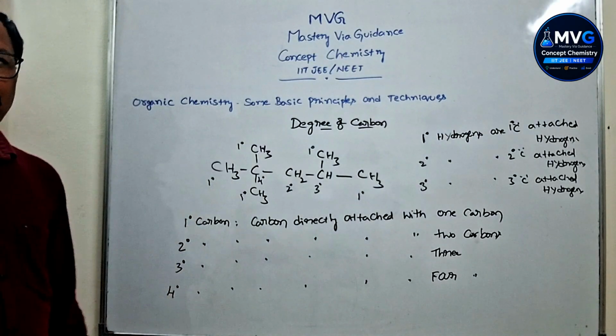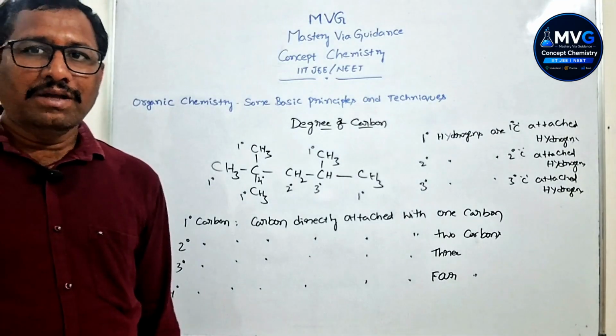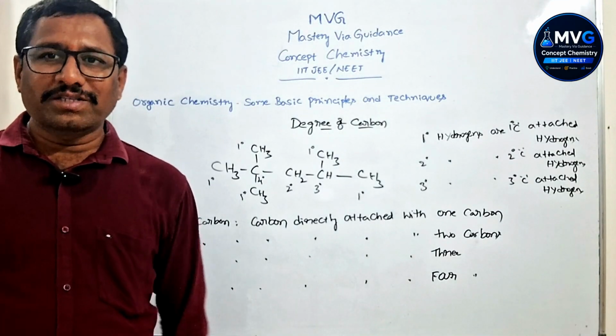Quaternary carbon doesn't have any hydrogen, students, so there are no quaternary hydrogens. Like this, we can identify the primary, secondary and tertiary carbons, students. Please note down, I will explain more examples.